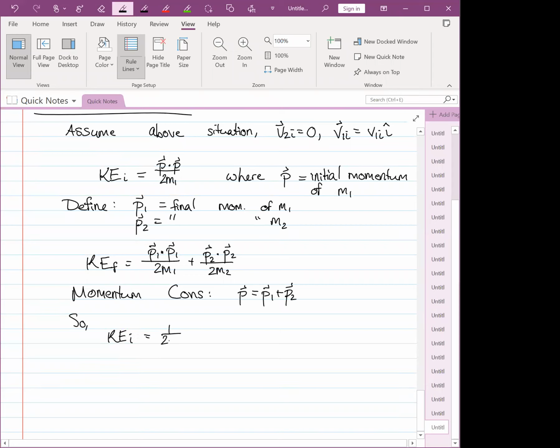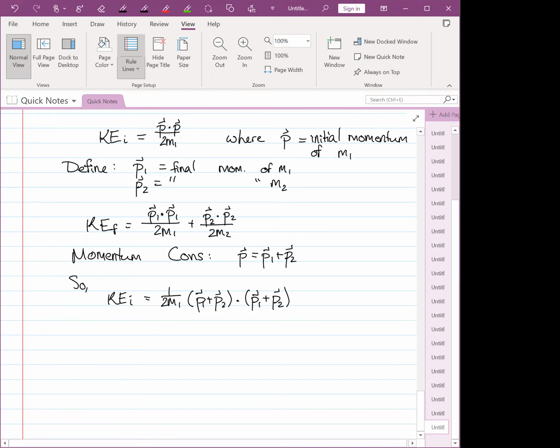So this is 1 over 2m1 times (p1 plus p2) dotted into (p1 plus p2). Then we distribute and FOIL, doing all the dot products. I'm going to shortcut it a little. We get 1 over 2m1 p1 dot p1, plus 1 over m1 p1 dot p2, plus 1 over 2m1 p2 dot p2.